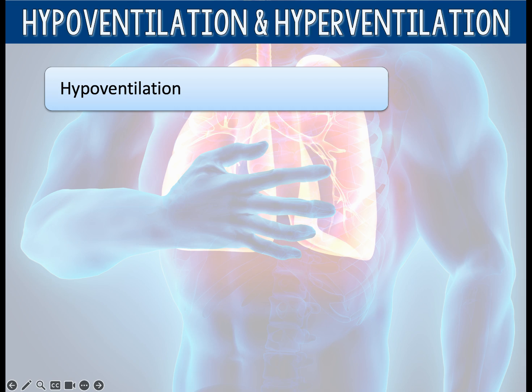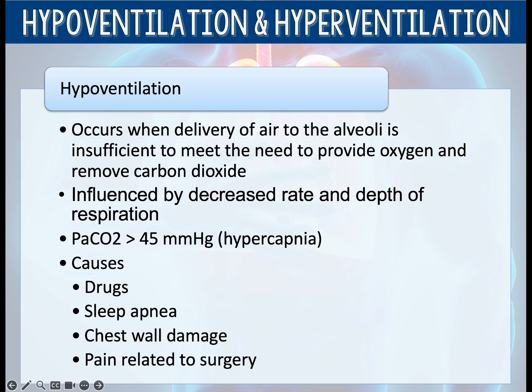Hypoventilation results in increased PaCO2. Your PaCO2 will be greater than 45 millimeters of mercury, called hypercapnia, if we did arterial blood gases. So what are some of the causes of hypoventilation? It could be from drugs like narcotics and benzodiazepines like Ativan or midazolam. Sleep apnea causes this also.